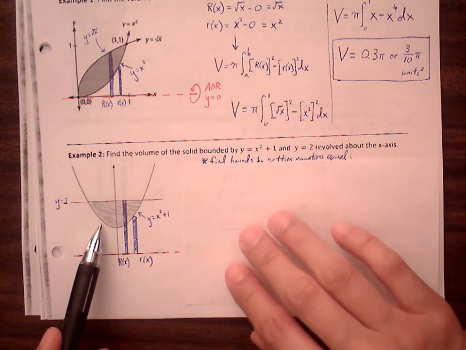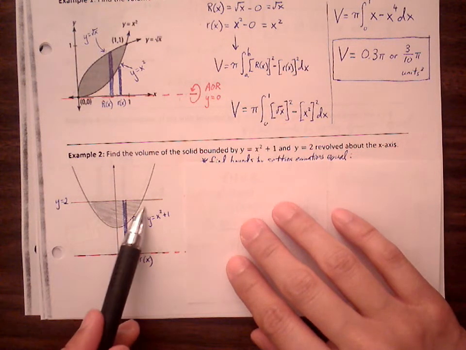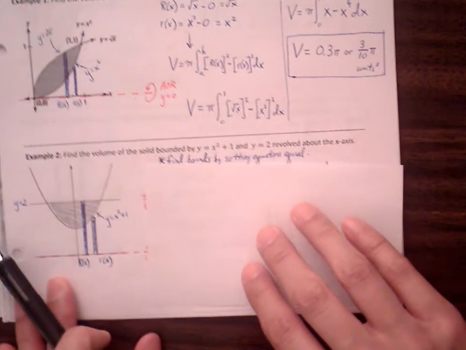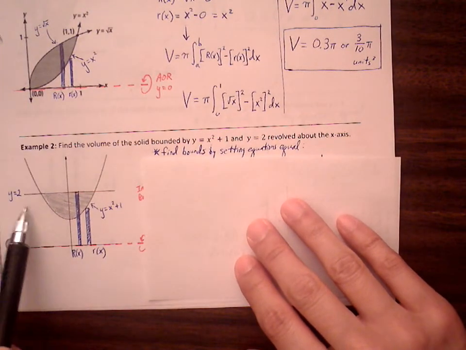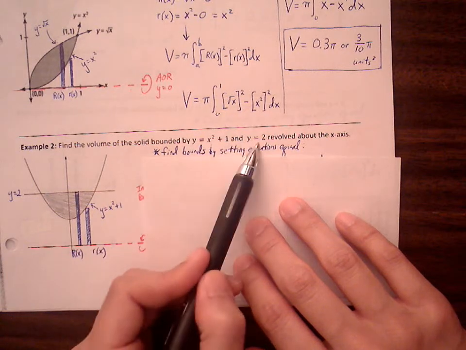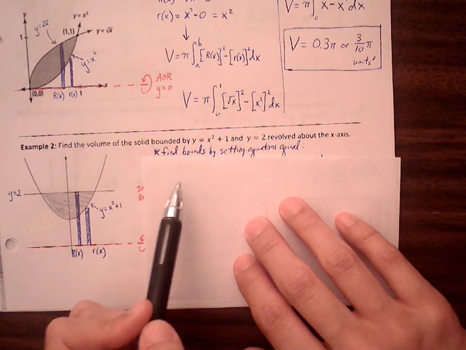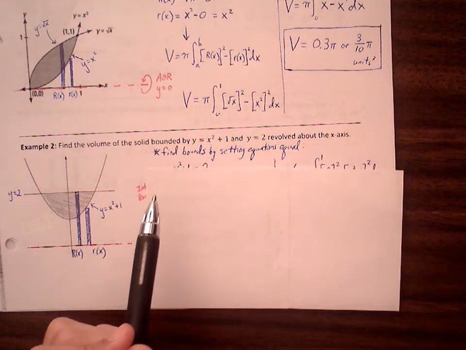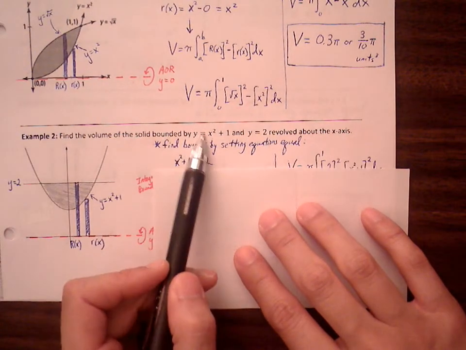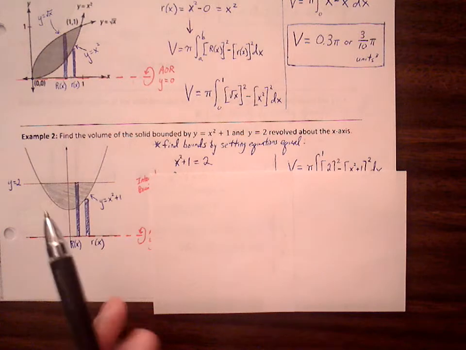So in this case, we're going to have to actually find the bounds. The bounds are not visible to us like in the previous problem. The way we find bounds is the way that we did with area in 7.1. We set our two equations equal to each other and solve for x. We get x squared plus 1 is equal to 2.